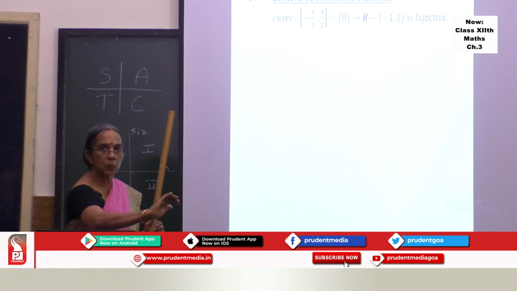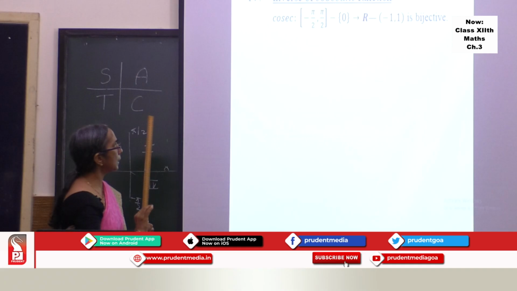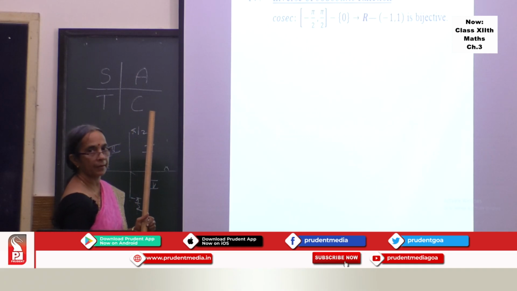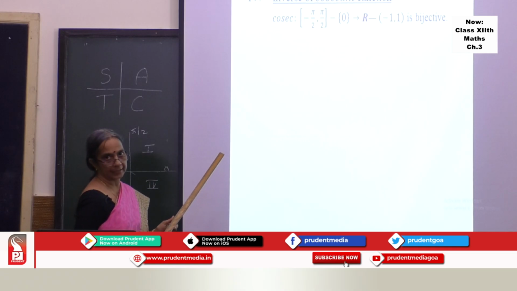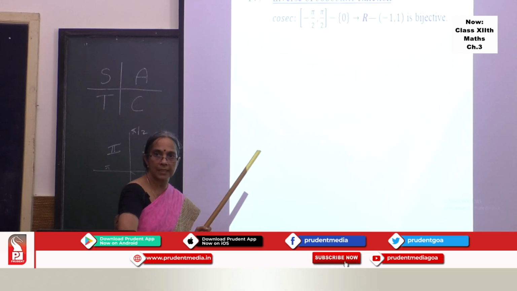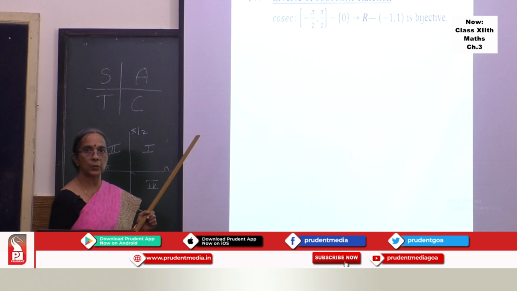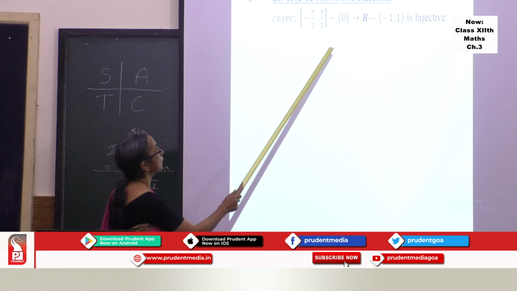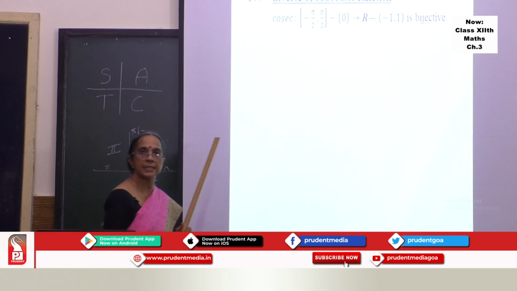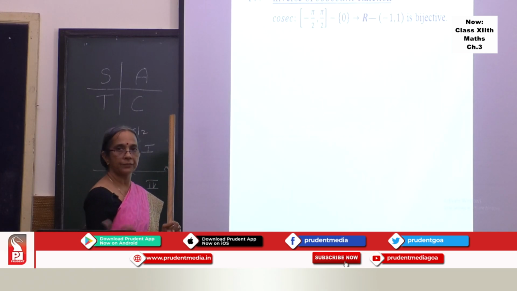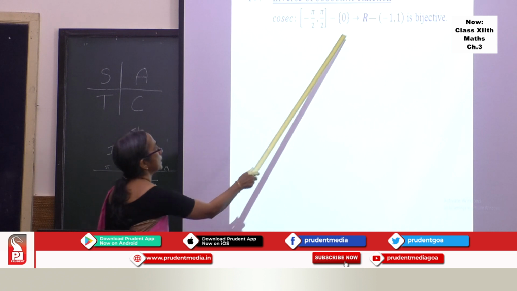From that you have to remove 0, because cosec of 0 is not defined. Sin 0 is 0, so cosec 0 is 1 by 0, not defined. Therefore, 0 should be removed from the domain. Otherwise the domain is the same as the domain of the sine function except 0.